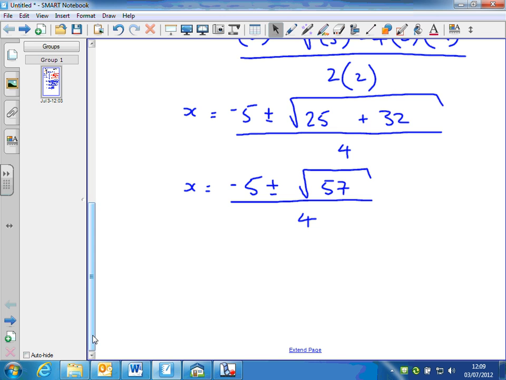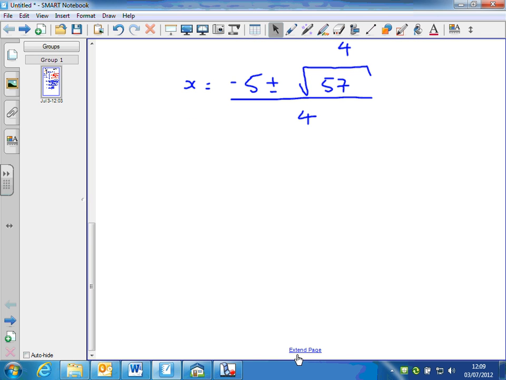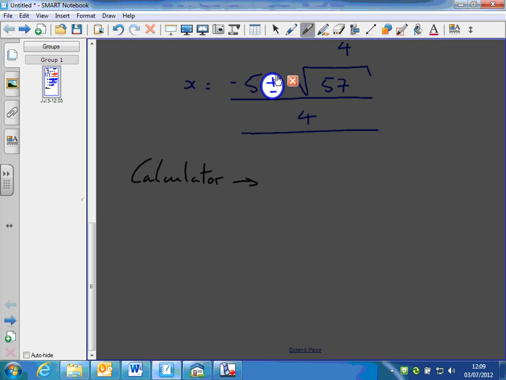Now we can plug this into the calculator. What we have to do is write this using the fraction button, and then first of all, using the plus minus, use the plus first and then the minus afterwards.